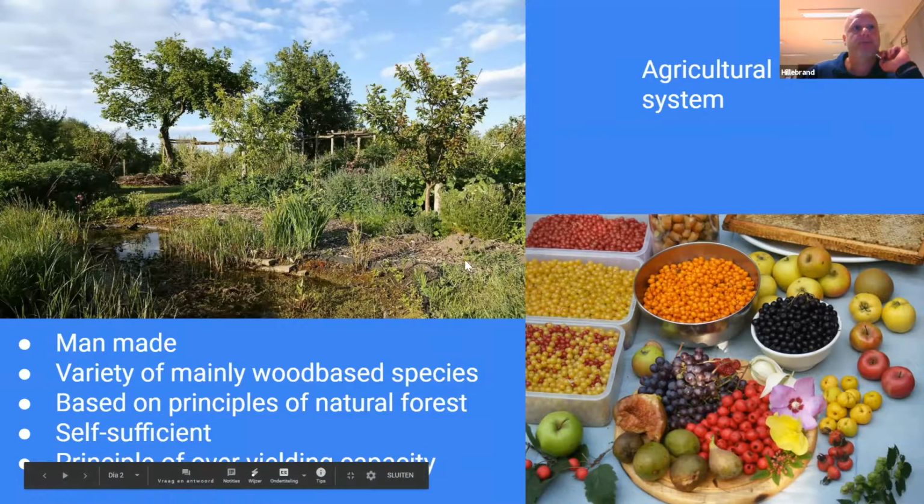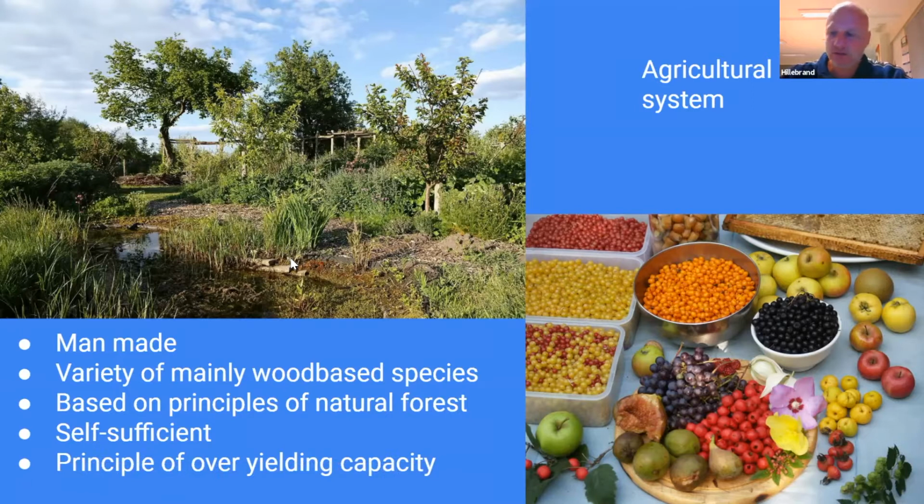And it's self-sufficient, because in a food forest you don't need all that labor you do when you have a normal agricultural farm. For example, you don't need manure, artificial fertilizer, or crop chemicals, and you don't do soil tillage either.